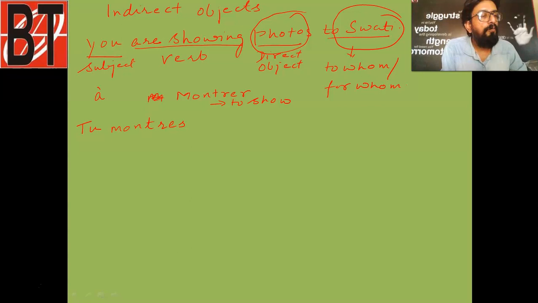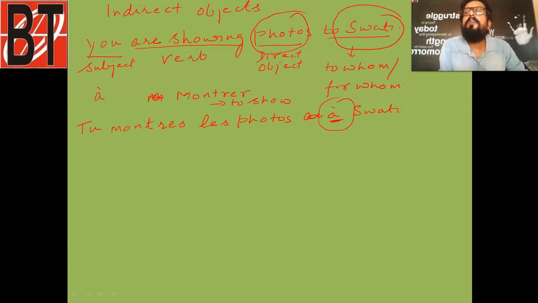Now, tu montres les photos à Swati. Right? Tu montres les photos à Swati. Understand? So I am using this à for to. So this to is always used for the indirect object.